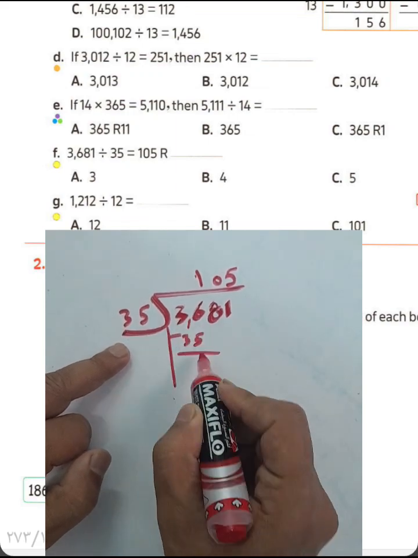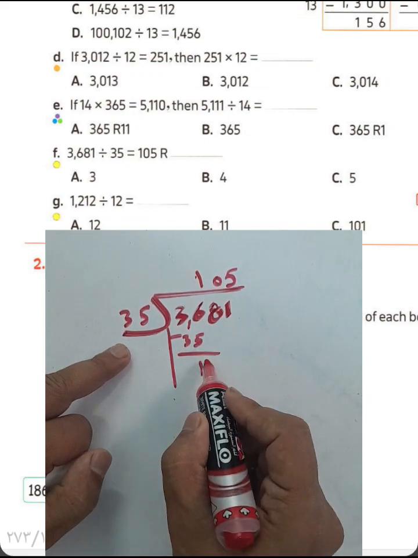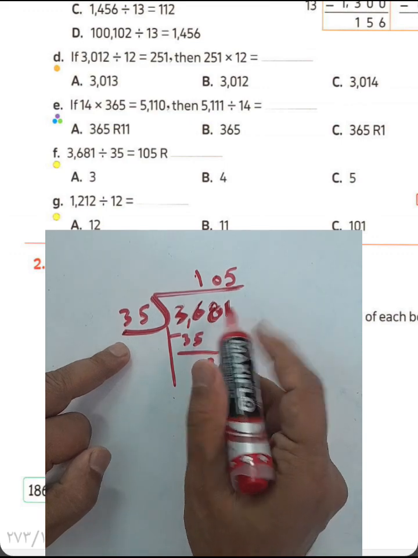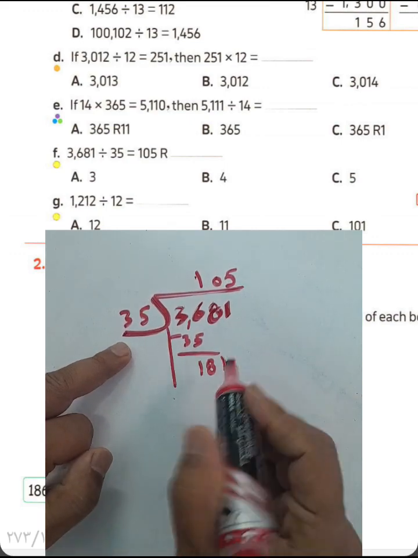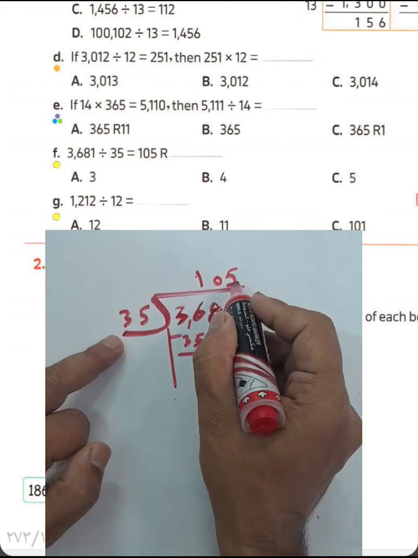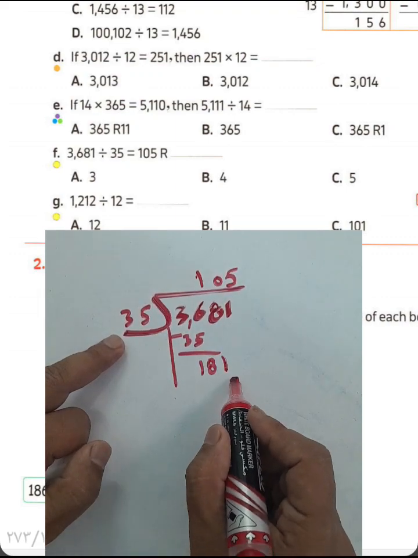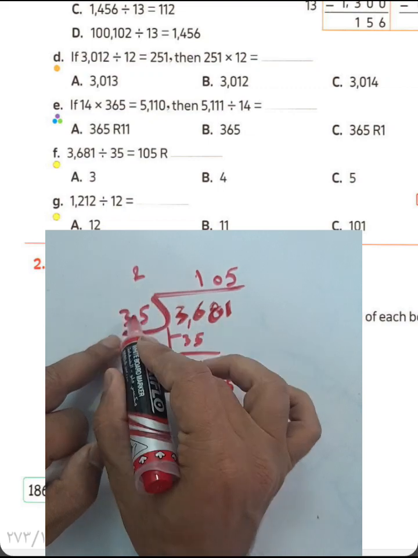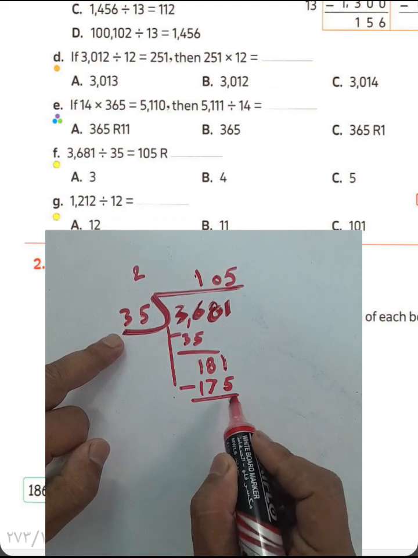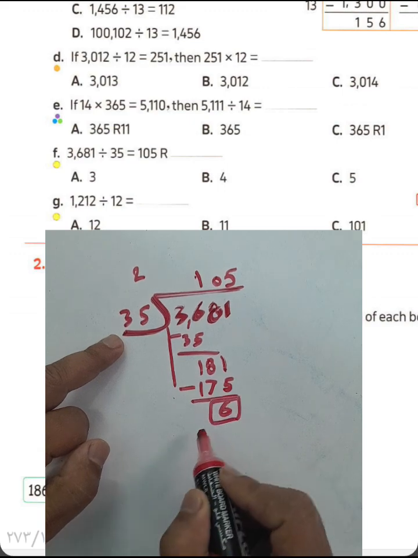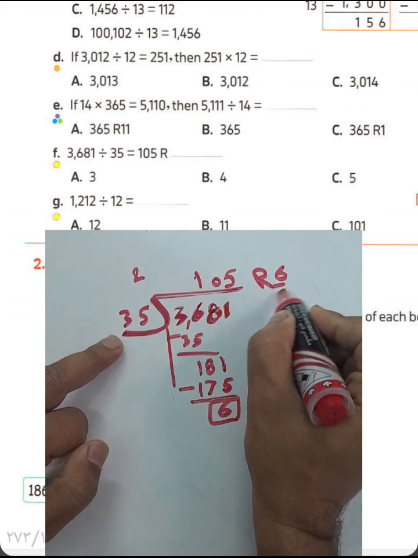The difference here equals 1. Drop 8. It will be 18 divided by 35 equals 0, and then drop the next digit. 181 divided by 35 equals 5. 5 times 5 equals 25. Write 5 and carry 2. 3 times 5 equals 15. 15 plus 2 equals 17. And then find the difference between them, which equals 6. So the remainder here will be 6.